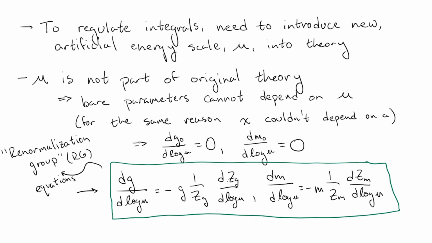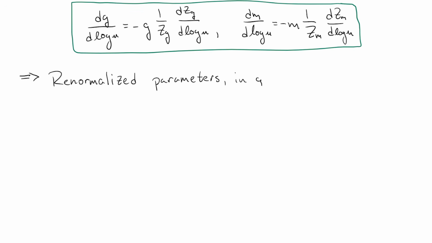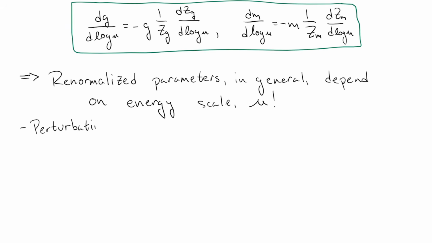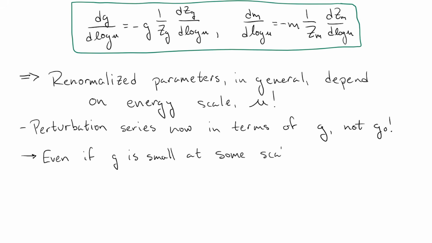The RG equations guarantee that physical observables are completely independent of this energy scale, even though it shows up in intermediate calculations. One result of this is that we find that the renormalized parameters actually depend on the energy scale we choose. So here we have to be careful. We are now doing perturbation theory in powers of the renormalized couplings, which means that we assume that these couplings are small.